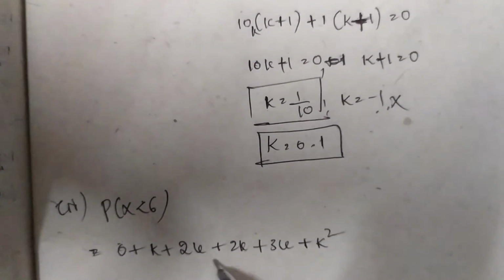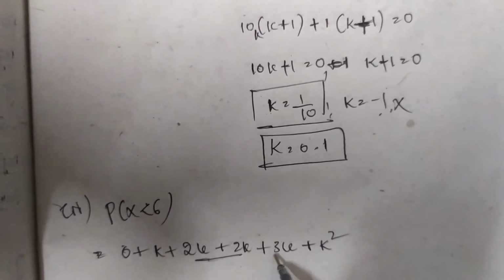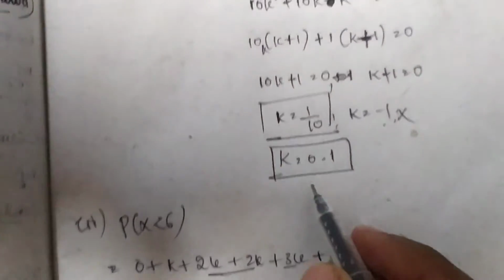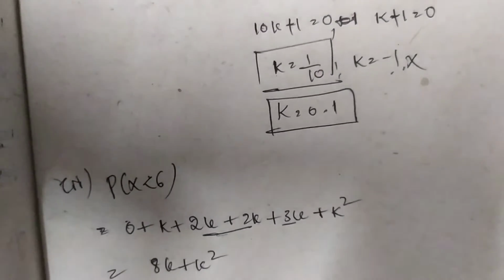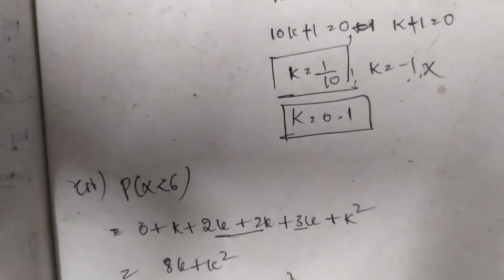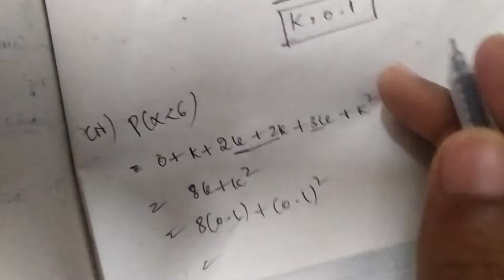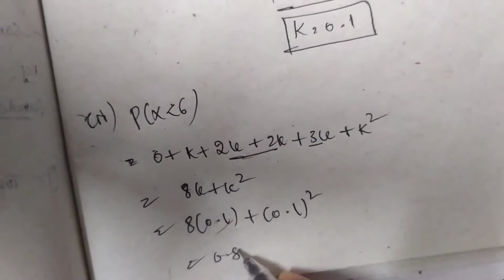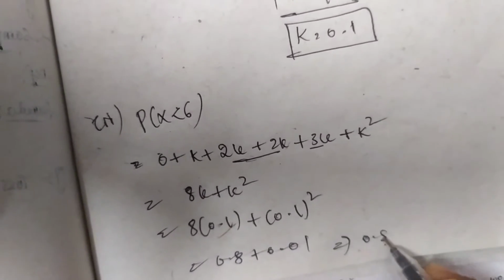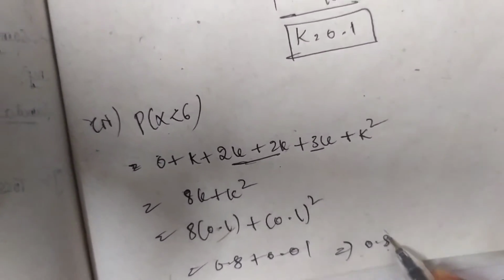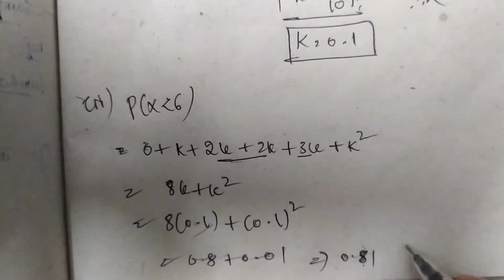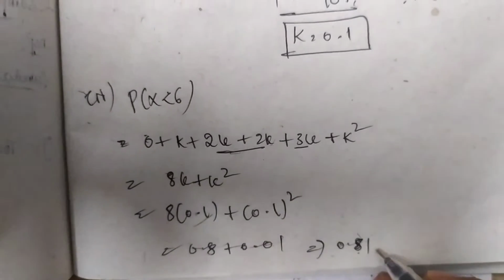Here 2k plus 4k, 7k, 8k plus k square. By substituting the k value 0.1 in this, 8 of 0.1 plus 0.1 whole square, we get 0.8 plus 0.01, that is 0.81. The probability of x less than 6 is 0.81.